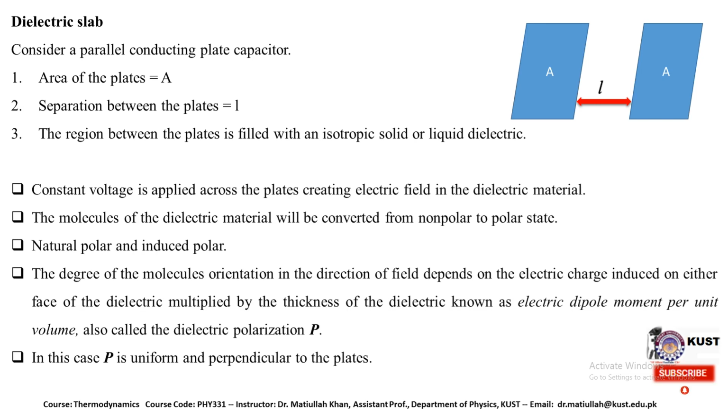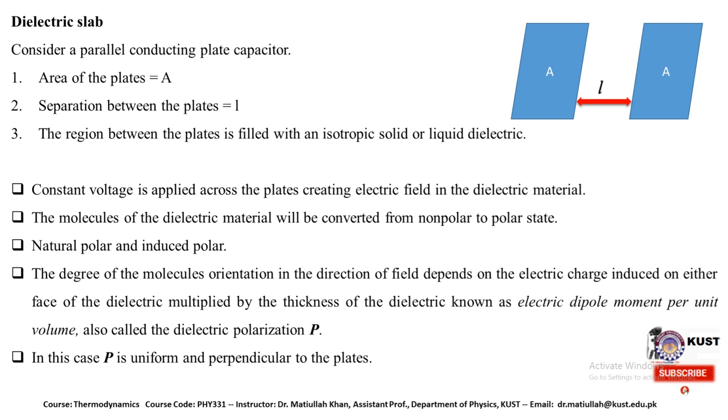So a constant voltage is applied across the plate, and as a result of this constant potential difference, an electric field is created in the dielectric materials. In between the plates, the electric field is developed. So if we consider the molecule of the dielectric, and initially when there is no electric field applied on the dielectric, then it is in a non-polar state.